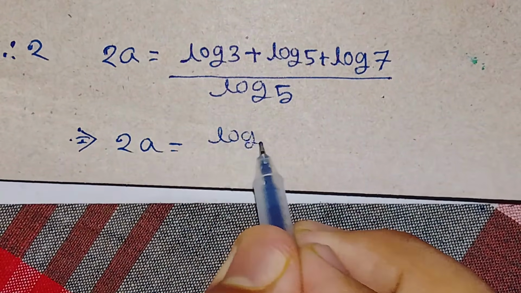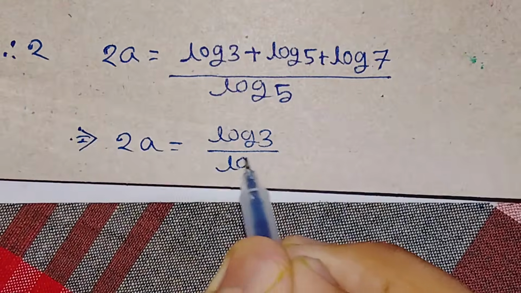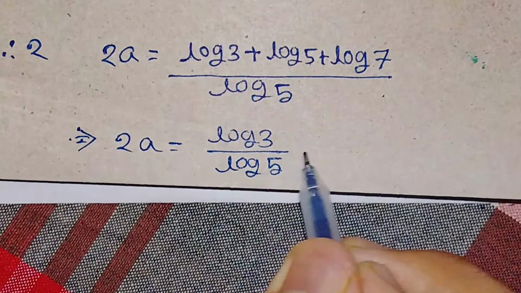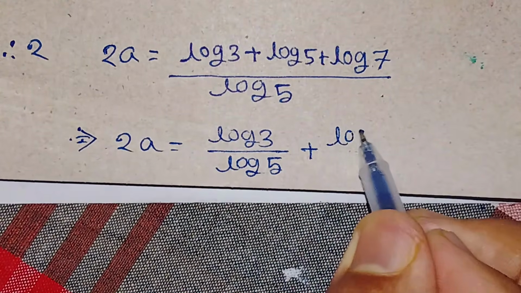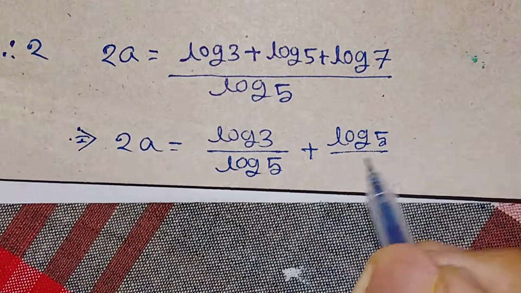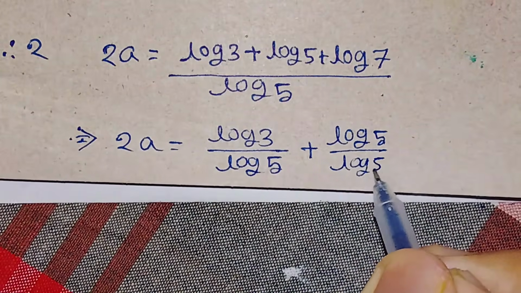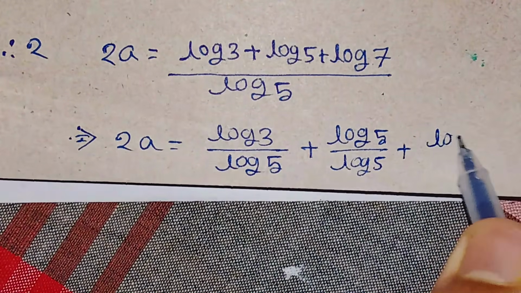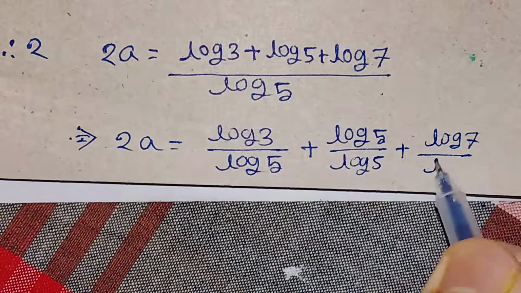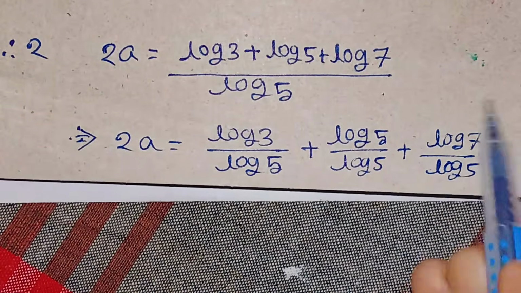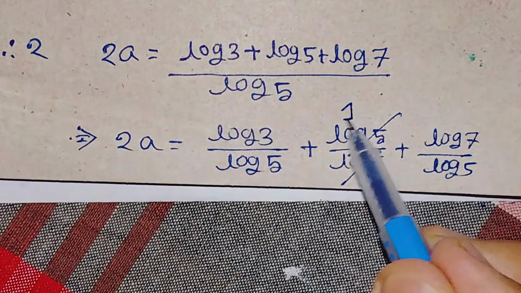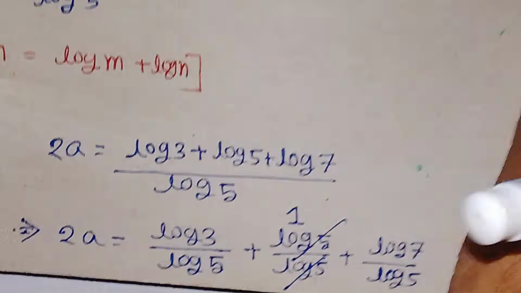Now we'll write that separately: 2a is equal to log 3 divided by log 5, plus log 5 divided by log 5, plus log 7 divided by log 5. Now log 5 divided by log 5 will cancel out and we'll get the single value of 1.